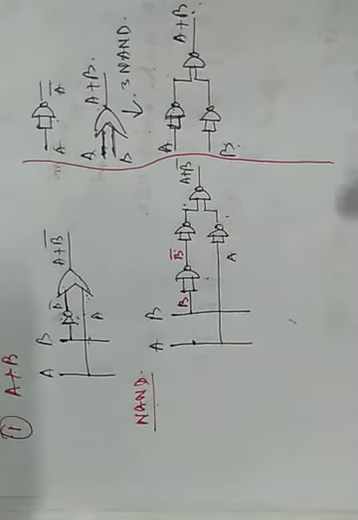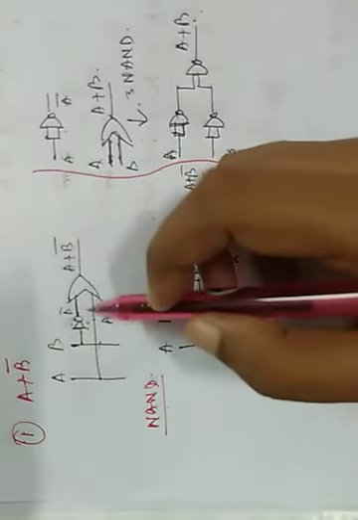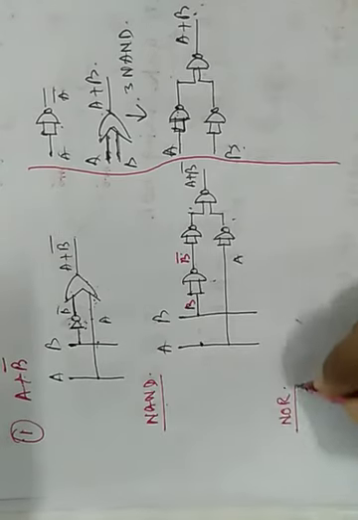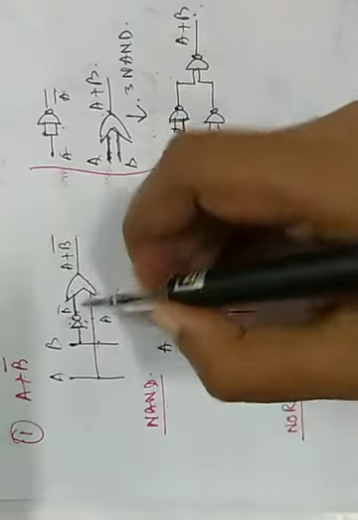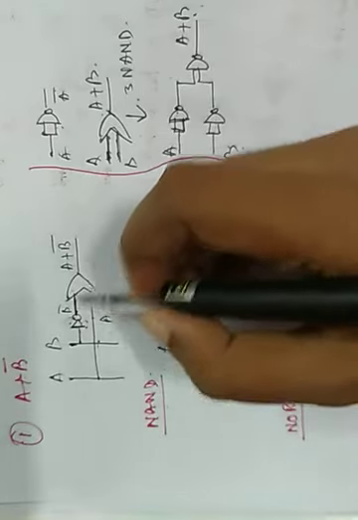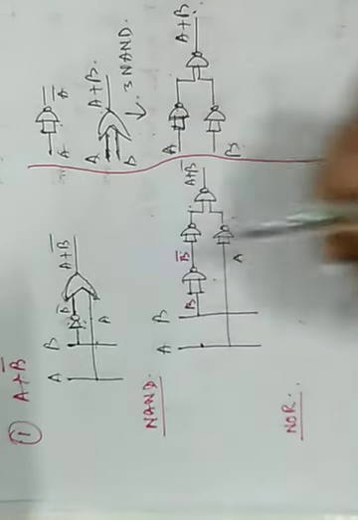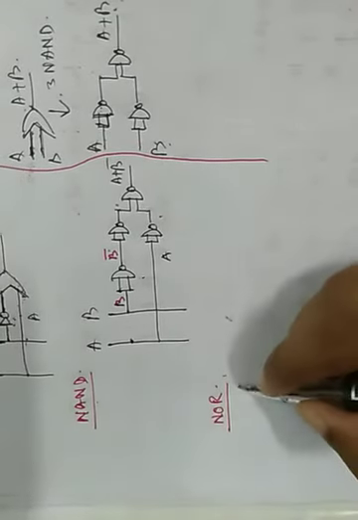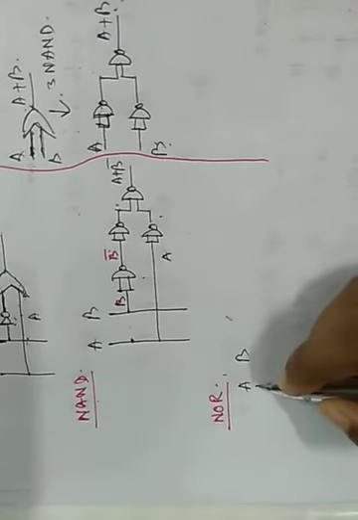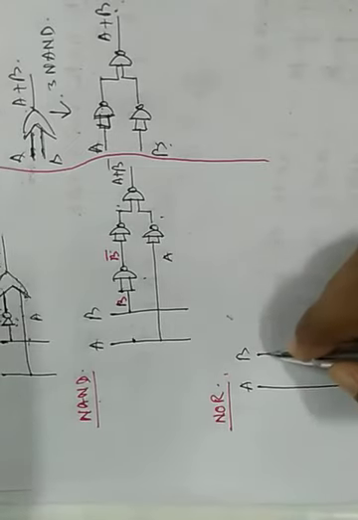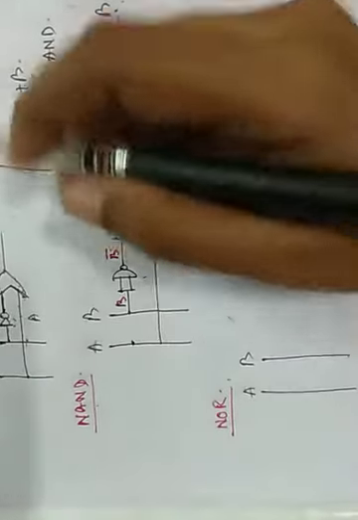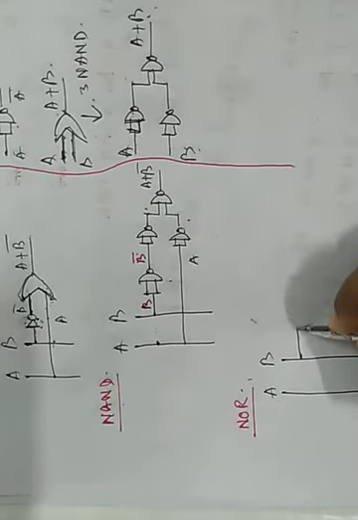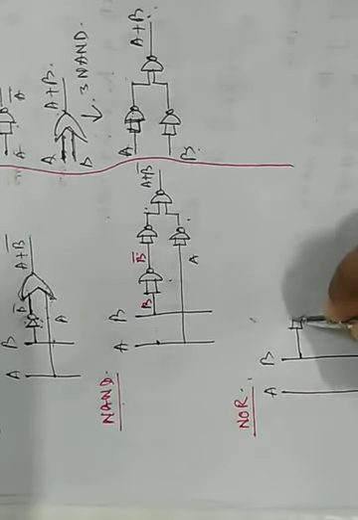Now we are representing this diagram using NOR gate. Just you have to follow the input lines. Which input line goes into the NOR gate? For NOR gate, A, B. For NOT gate, we have to use one NOR gate.